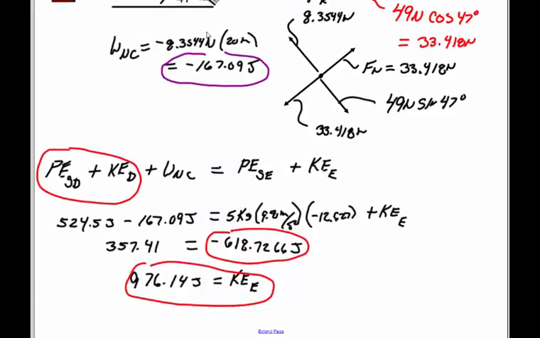Now, if I want to find the velocity here, I just go back and use the kinetic energy equation: 1/2 times my mass, 5 kilograms, times the velocity at E squared. We'll set that equal to kinetic energy.